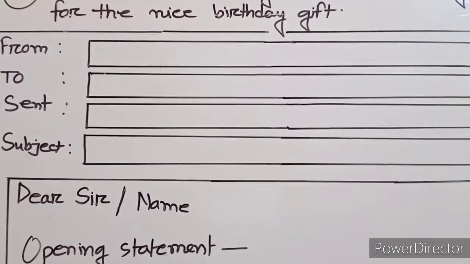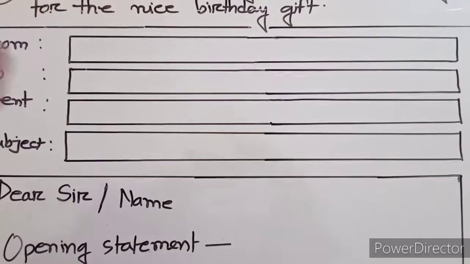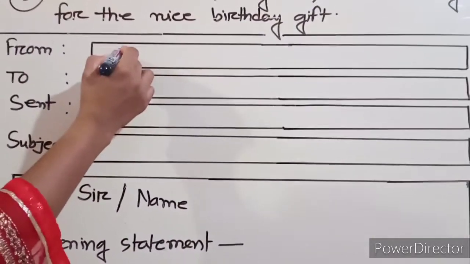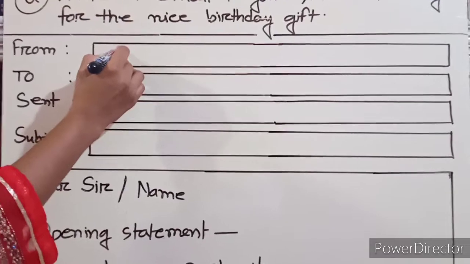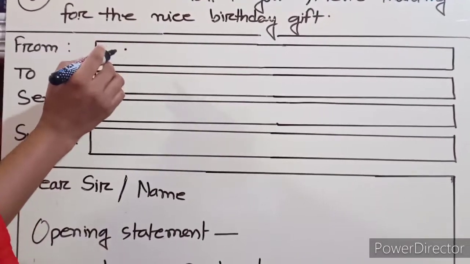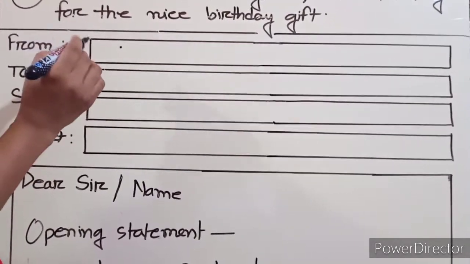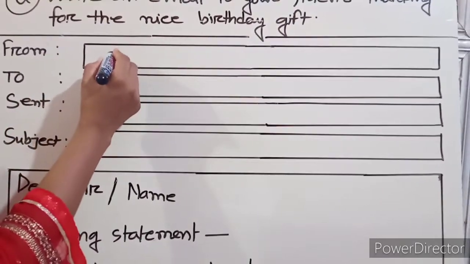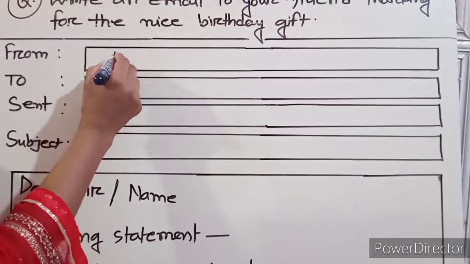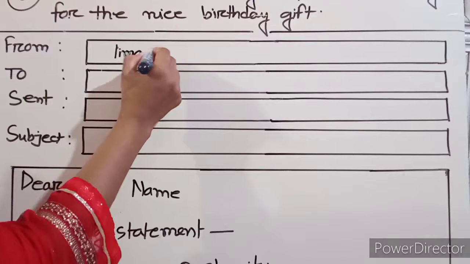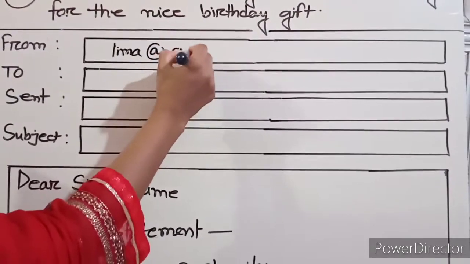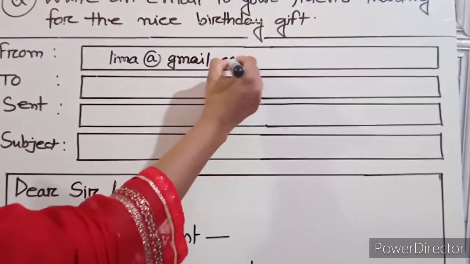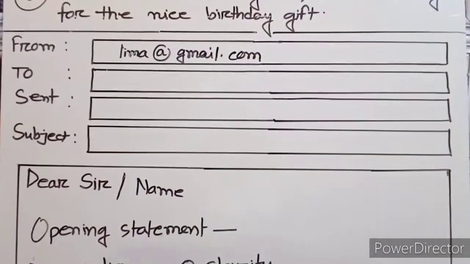Dear students, here in From, the sender will write his or her own email address, but you have to write it in small letters, like I'm doing this for you. Okay dear students, you can see, I wrote here.